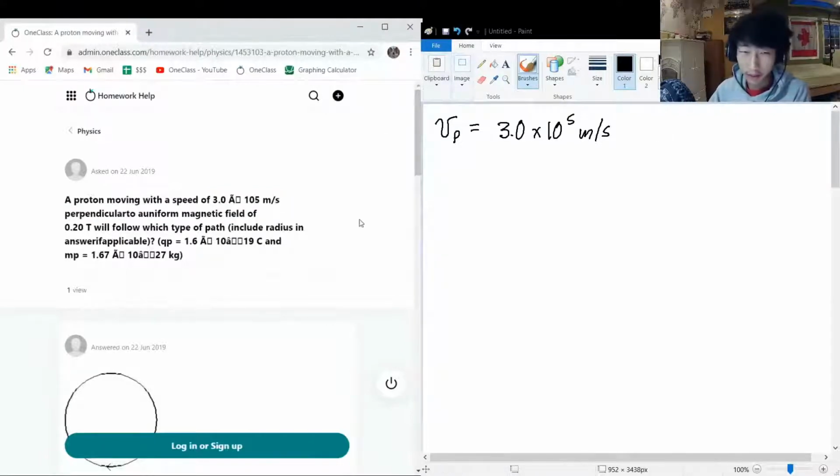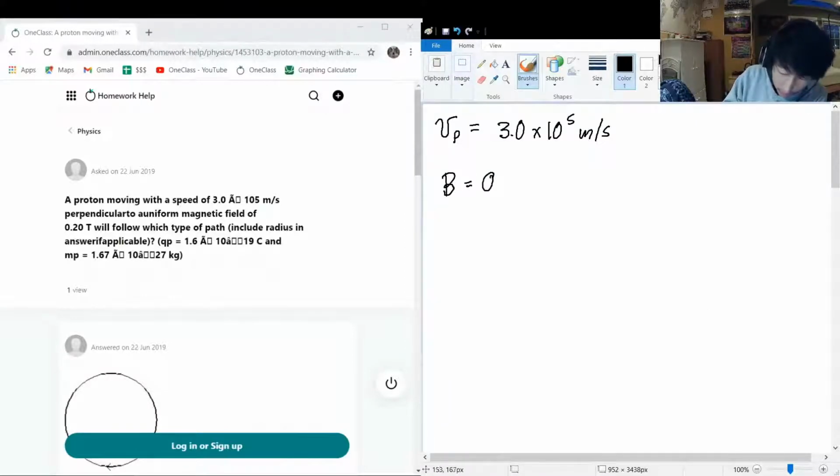But okay, so this is our speed. This is the speed of the proton, and it's moving perpendicular to a uniform magnetic field, which is 0.2 teslas. So let's write that in. Our B field, which is the magnetic field, is 0.20 teslas.